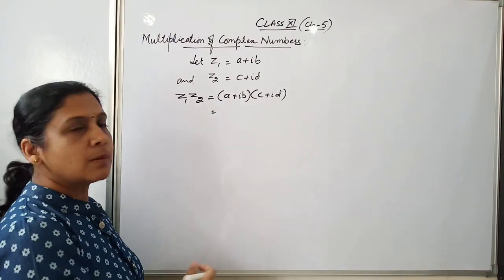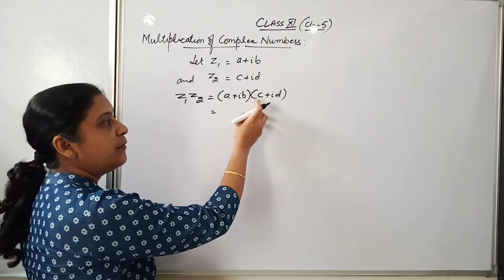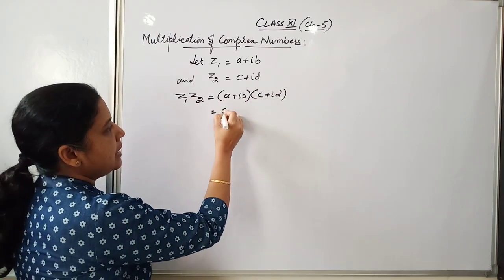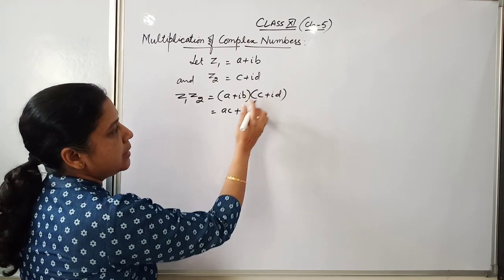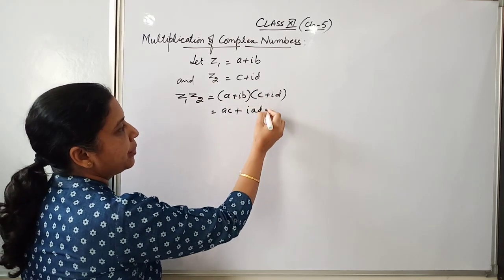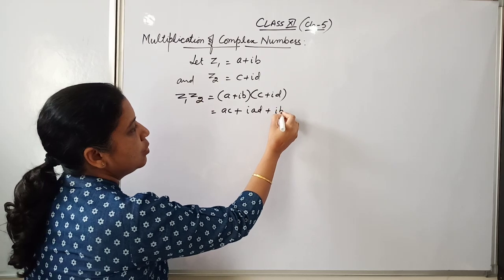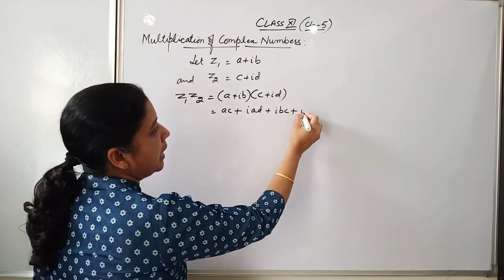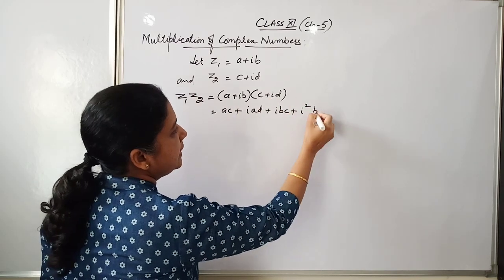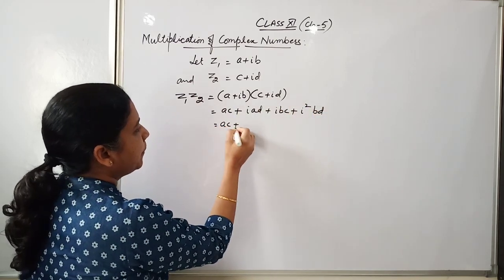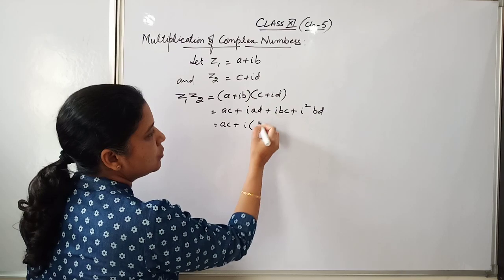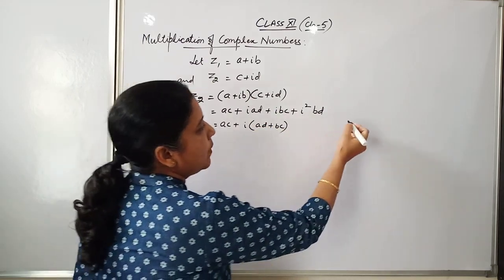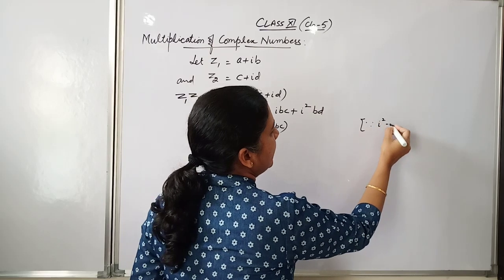Just like you multiply polynomials, in the same way these will be multiplied one by one. a into c, ac, plus iota into ad, plus iota into bc, plus iota into iota square into bd. Now since iota is common in these two terms, let's take it common, and iota square is equal to -1.